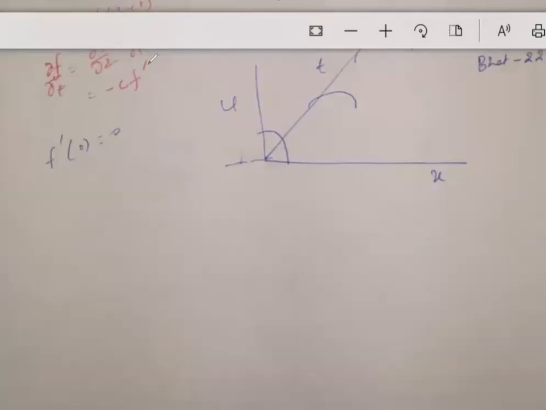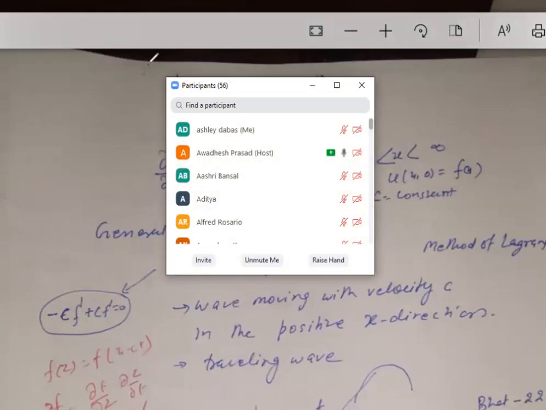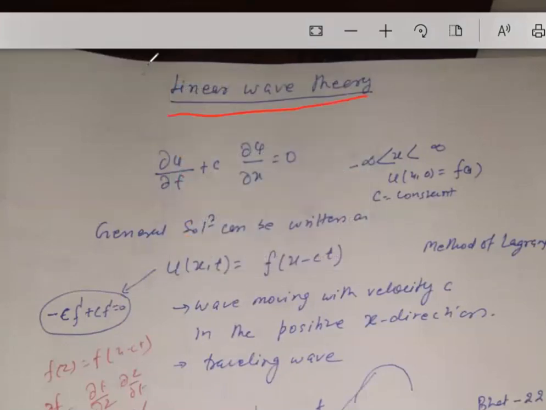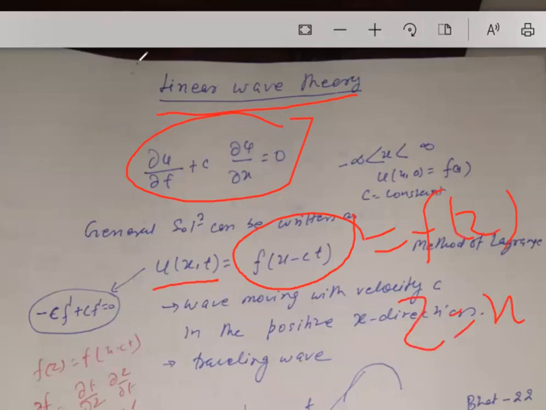Okay, this is the before. This is linear wave theory, a linear differential equation. It is assumed that your solution is something like f(x minus ct), or f(z), where z is equal to x minus ct.